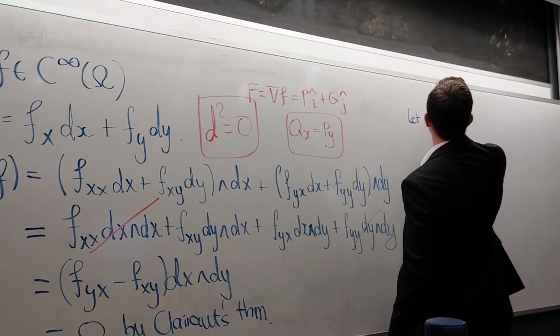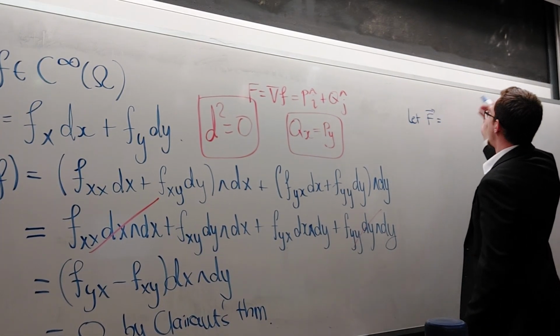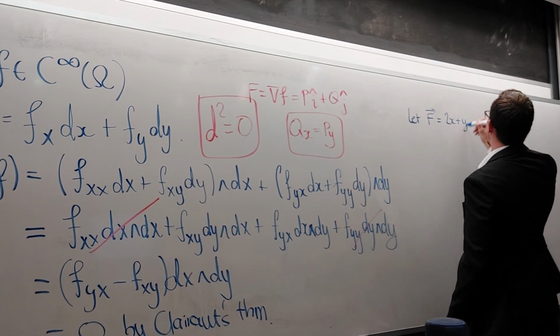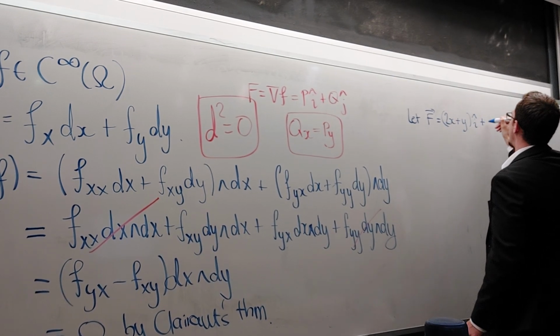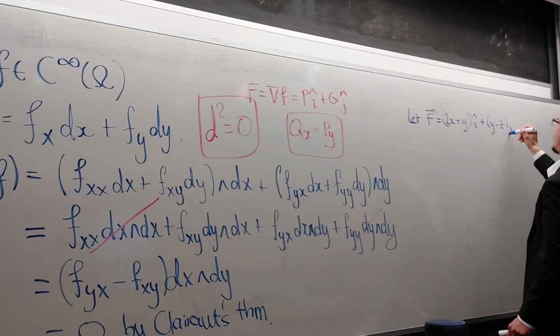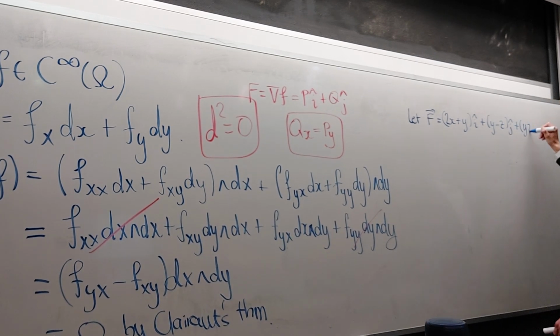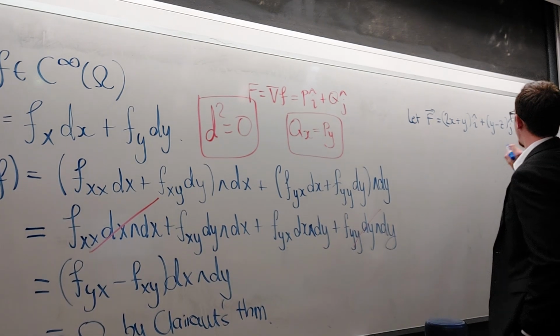Let f be, let's say, (2x plus y) i plus (y minus z) j plus yz k. What is this? One form, two form, three form, what? It's a vector field. Vector fields can be associated to what type of form? One forms. Not two forms, only one form.